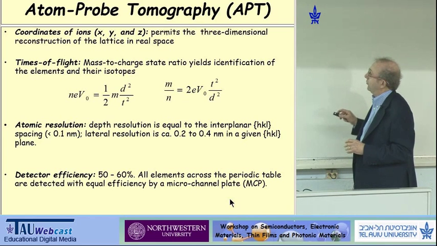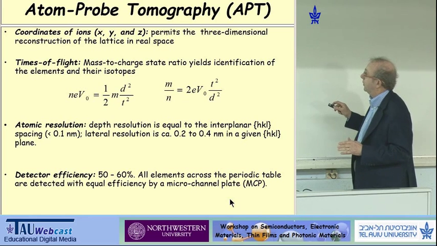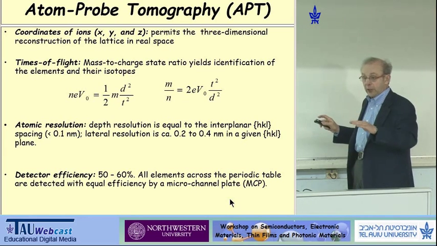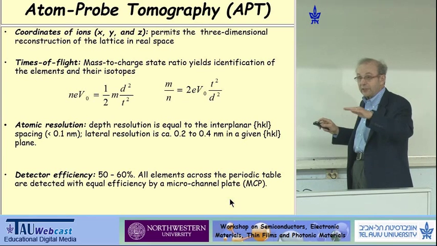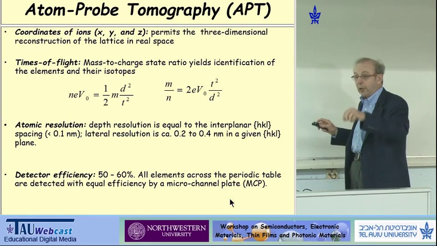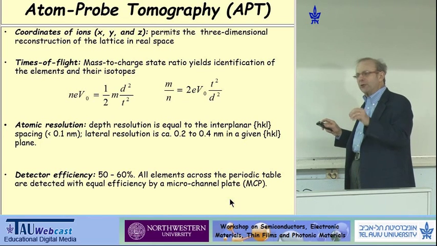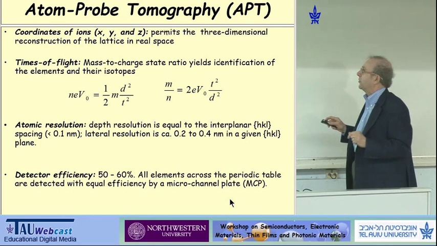Okay, so you can reconstruct in 3 dimensions, in real space, direct space, and you get the mass-to-charge state ratio essentially from conservation of energy. Mass-to-charge, charge on an electron, the effective voltage. When you use a laser, this is an effective voltage, so it's the DC voltage that sits on the specimen plus the voltage due to the laser, and that's what I mean, it's an effective voltage.